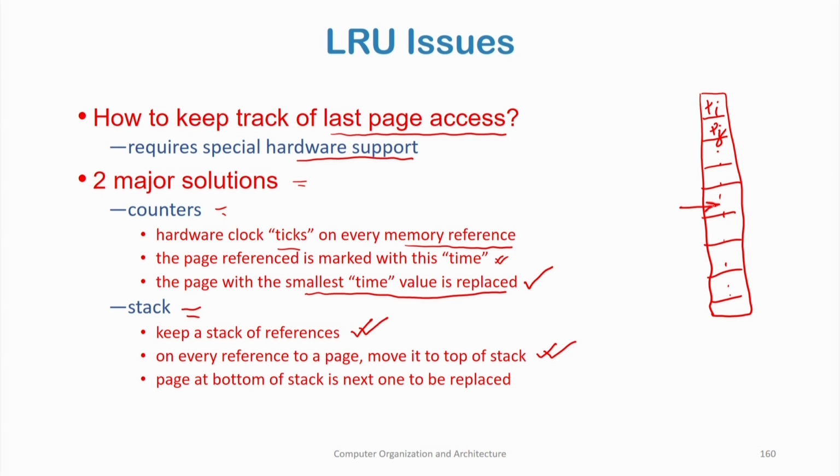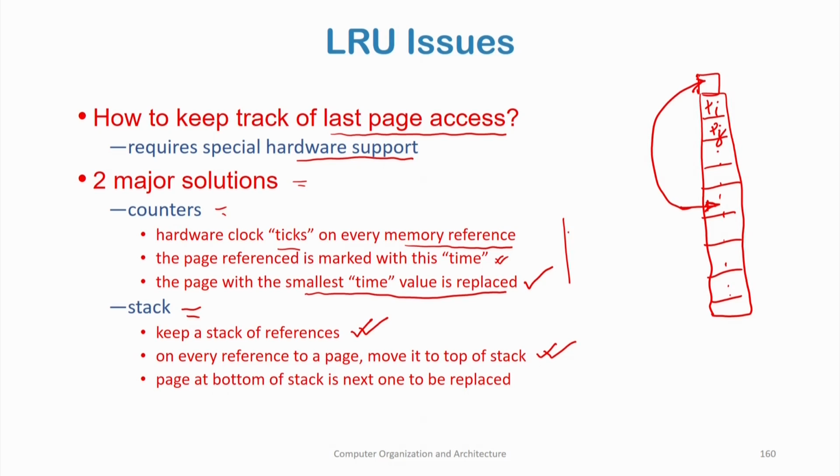If I reference a page, I take this page and move it to the top of the stack. This will possibly require a linked implementation of the stack to handle it efficiently. It is costly, but these are the solutions. Even these exact solutions for LRU do not suffice, so people have devised different approximation algorithms, but we need to see the solutions first.